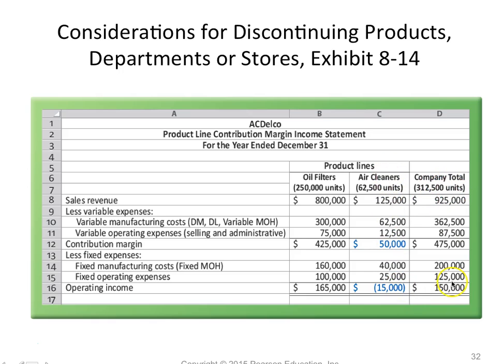The company is still making a profit of $150,000, but this line is not making a profit. So will the company discontinue this line? Yes or no? It all depends on the company. Maybe this is just temporary. They may have made a lot of money last year, and this is only for the year. Maybe the market conditions are changing and the air cleaners will start making money. It depends.